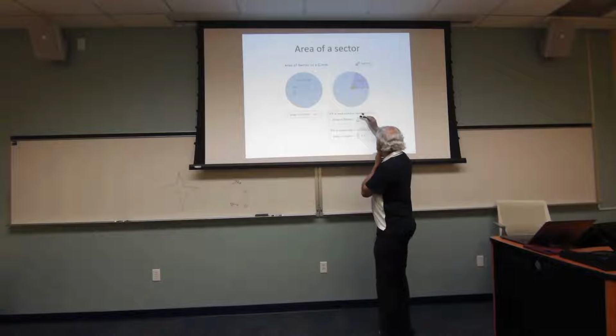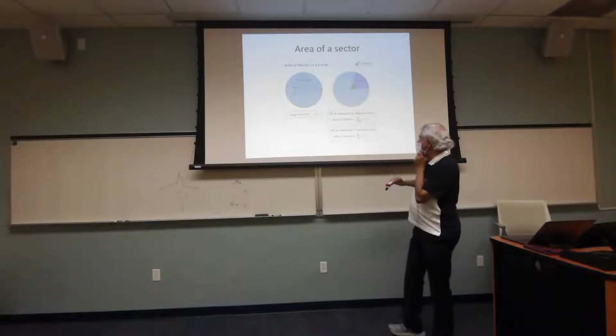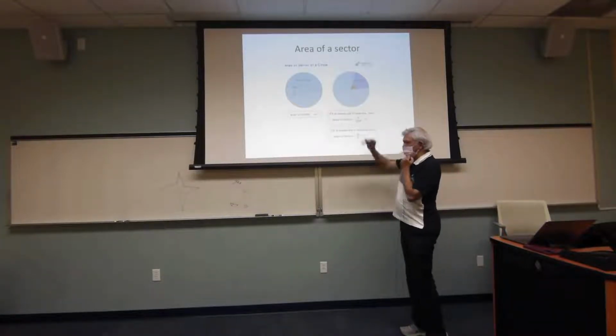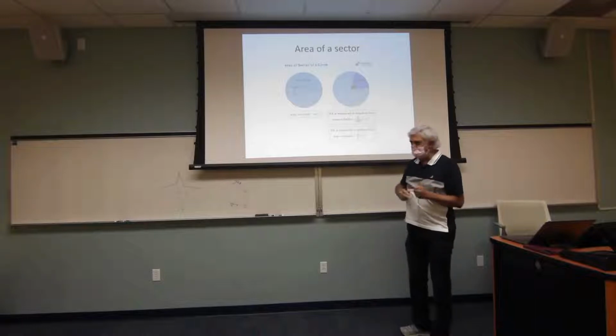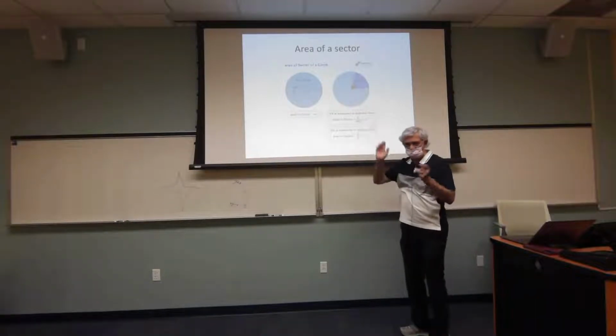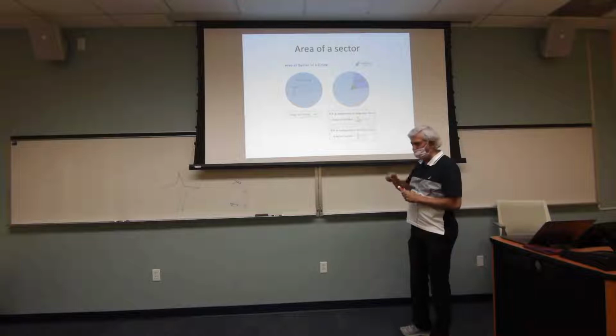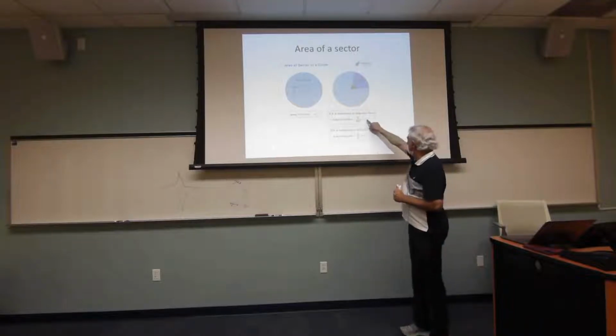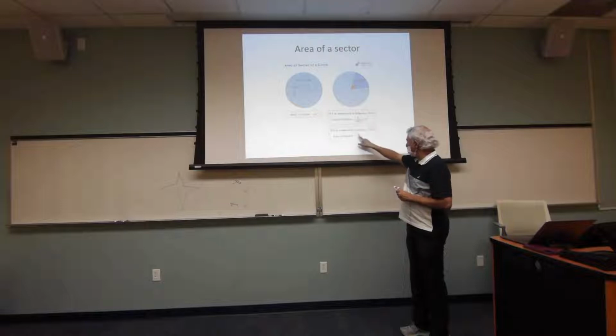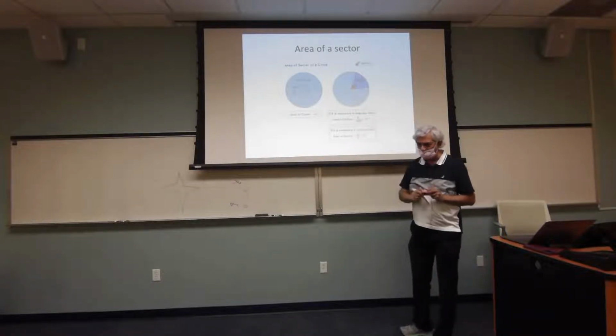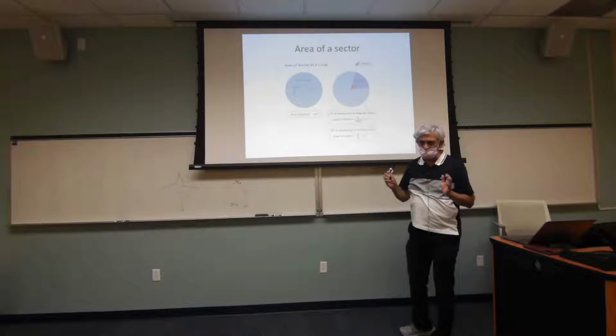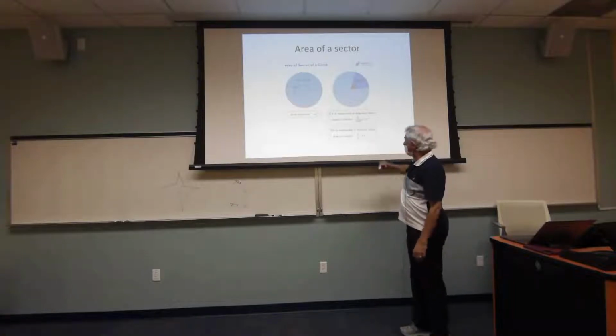If you take some other angle, theta, then the area of the sector is just theta divided by 360 or 2 pi or whatever your full circle angle is, times pi r squared. Another way, if you're given theta in radians, it's simply theta over 2 times r squared. Very simple.